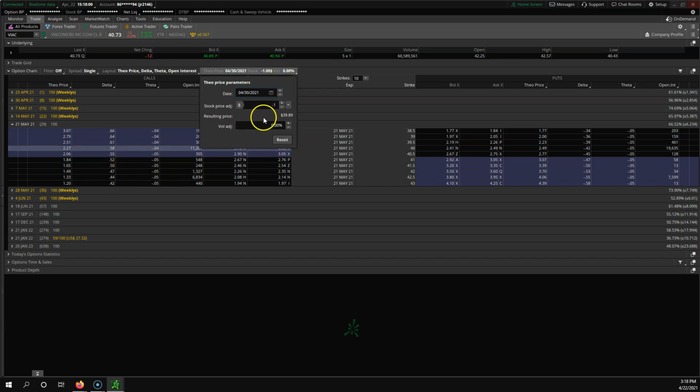So now, with that being said, let's say we have a volatility adjustment. Let's say the stock dropped $1, but as the stock dropped, there was an implied volatility rise of, we'll say, 1%. So now what we have is $1.53. Watch this, right?